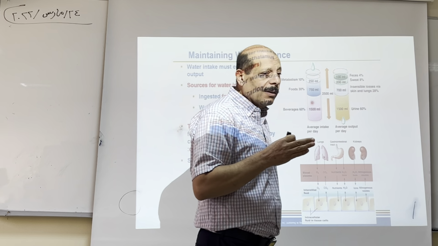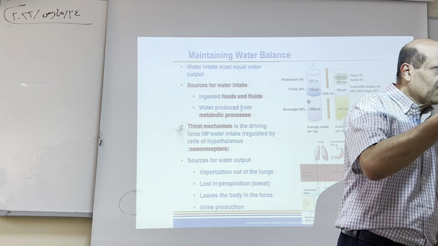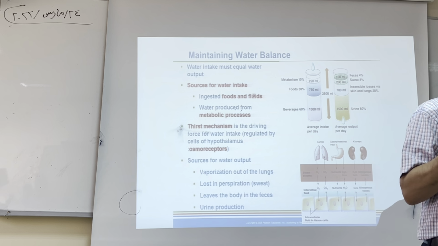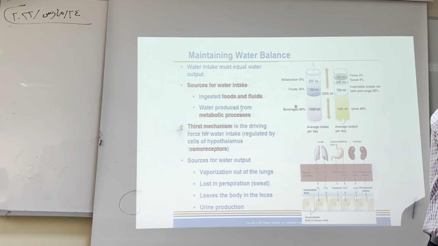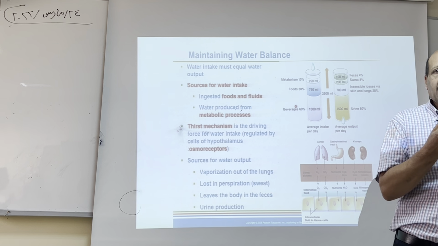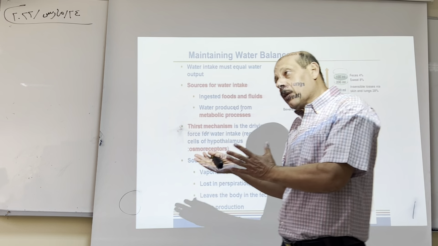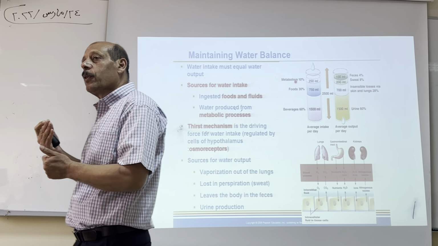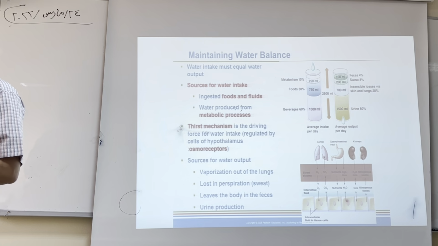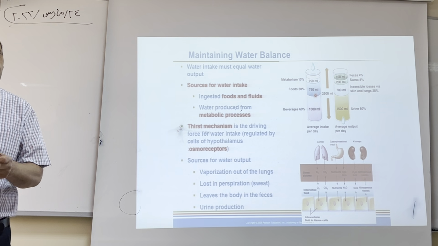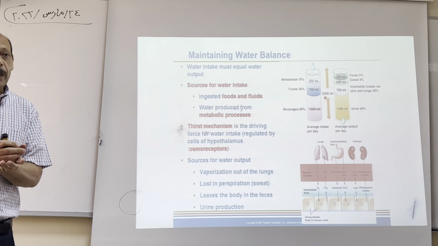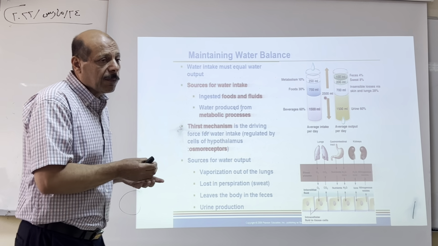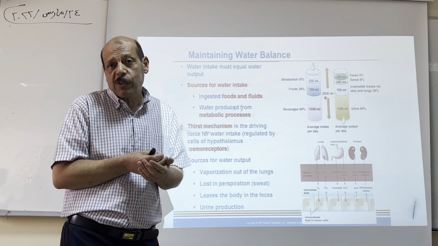Drink water. You are drinking water. What other thing are you drinking that is mostly fluid? Juice, if you are taking juice. So most of it is water. What other thing? Vegetables. Most of the composition of vegetables is water, around 50% or more sometimes.